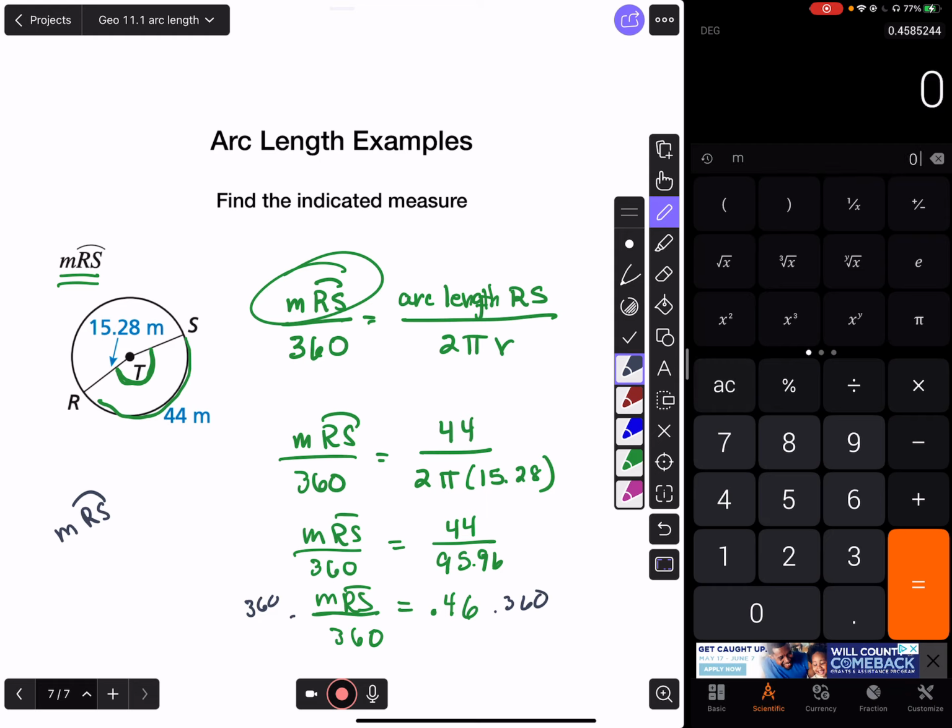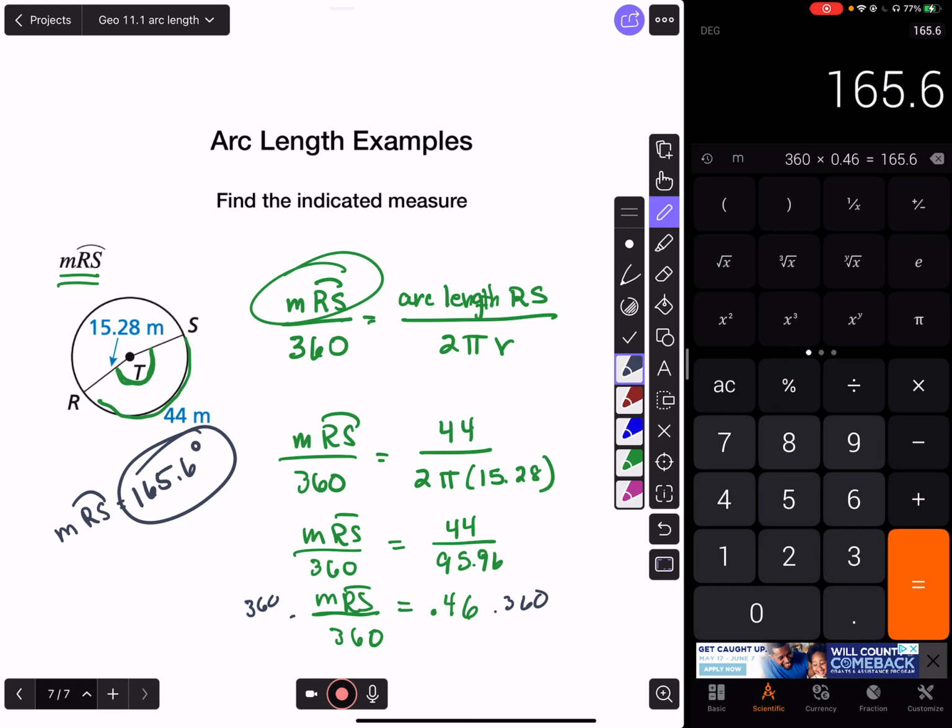So 360 times 0.46. I guessed about 170, it's 165.6, and that is an angle measure right there. So it's about 165.6 degrees.